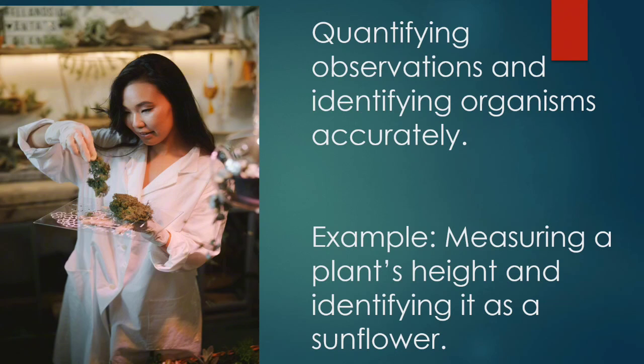Now, remember I told you that at first you observe a plant growing well around water. Then you might decide to measure the height of the plant after some days, okay, to know how well it has done. And again, you might decide to identify that, okay, I think this flower is a sunflower, or it's a hibiscus flower. You may decide to just identify them. Okay, so all these things have to do with the methods of science.